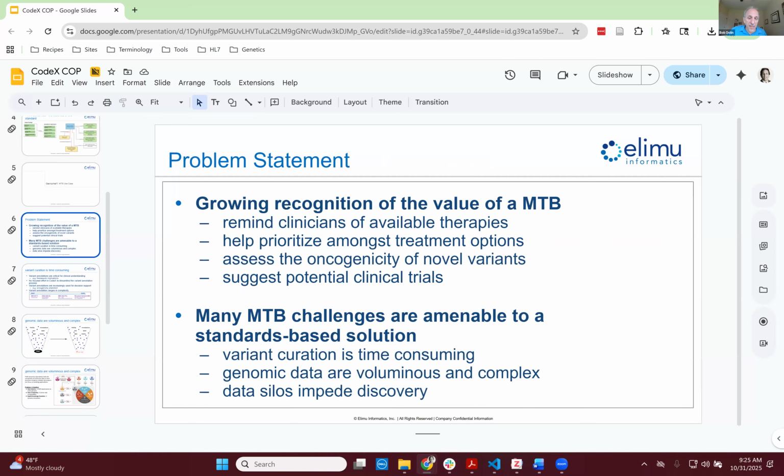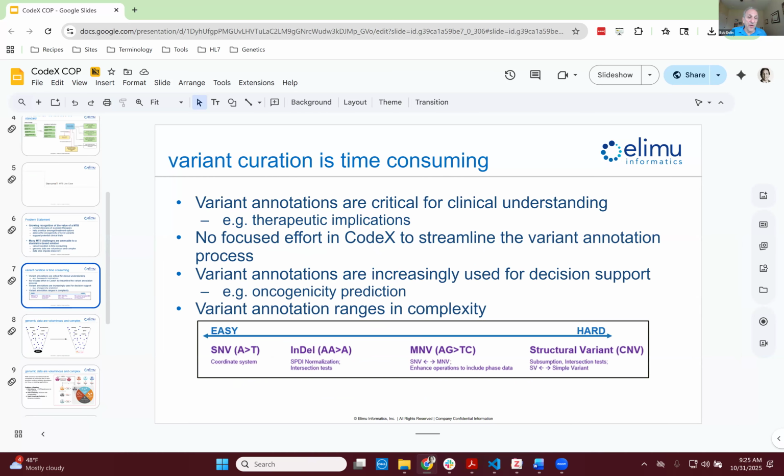I want to dig into these problems just a little bit more to get us all on the same page. Variant curation is time consuming. We did some work under the ONC Sync for Genes project a couple of years ago, where we explored what it would take to automatically annotate somatic variants or germline variants. And we found, I don't think this is going to surprise anyone, that some variants are easy to annotate and some are hard, if not impossible, to annotate.